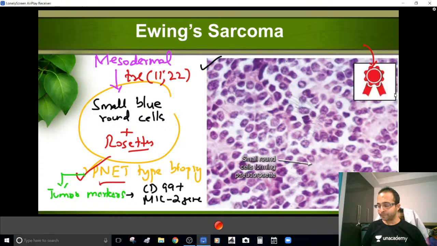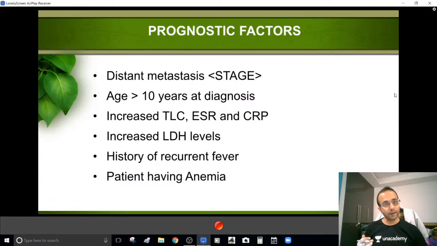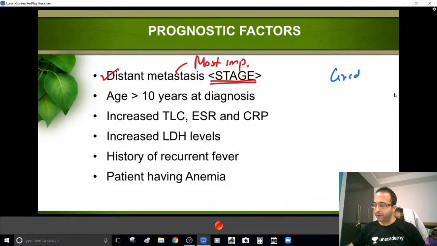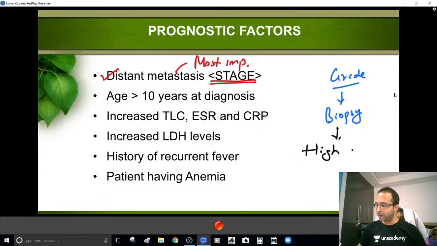And yes, regarding the prognostic factors in Ewing's, I must clear to you, distant metastasis is the most important, the main decider, and this is basically related to the stage of the tumor. Mind you, I have not spoken of grade. Grade is basically defined on biopsy, and by convention, all Ewing sarcomas are taken to be high grade.